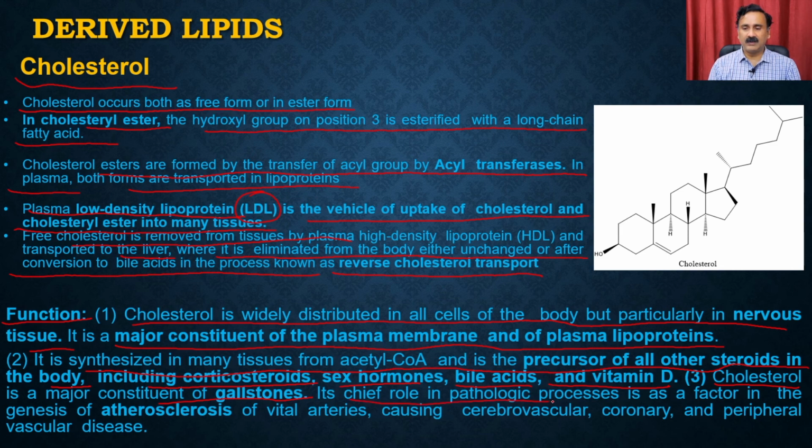Its chief role in pathogenic processes is as a factor in the genesis of a disease called atherosclerosis of the vital arteries, causing cerebrovascular, coronary and peripheral vascular diseases.